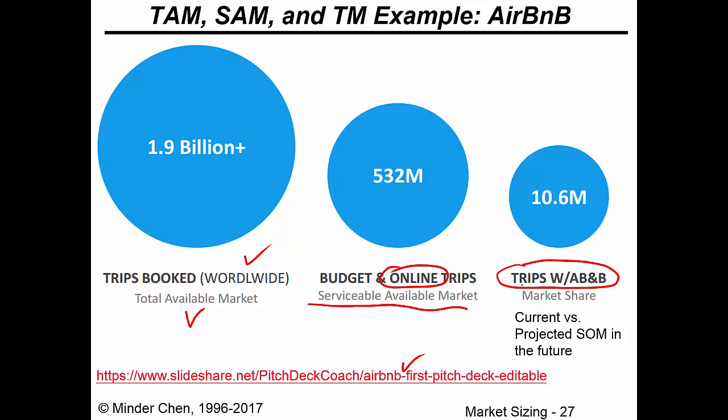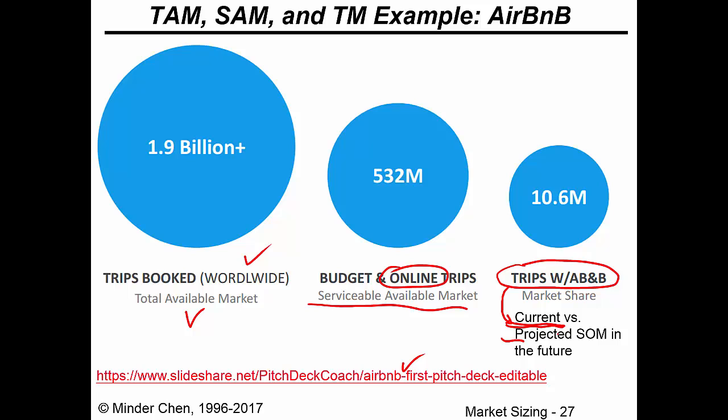In this case, I believe it's probably the current revenue they generated so far. I don't have the concrete data to tell whether it's the so-called SOM, serviceable obtainable market, or it's actually the so-called penetrated market, which means it's the current revenue they generated.